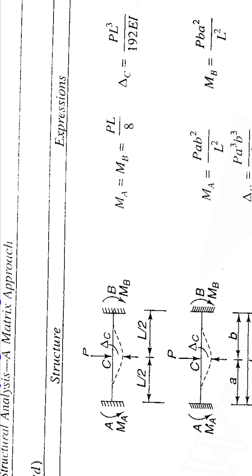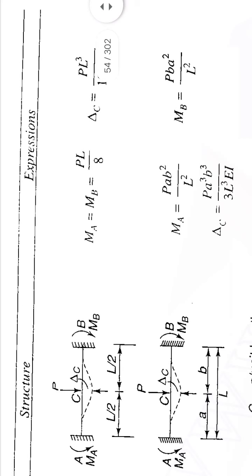Here at the fixed ends you don't have slopes, because about fixed supports the slopes are zero. Hence MAB equals MBA, which we consider as PL by 8, whereas delta c, the displacement at point C, is PL cube by 192 EI.